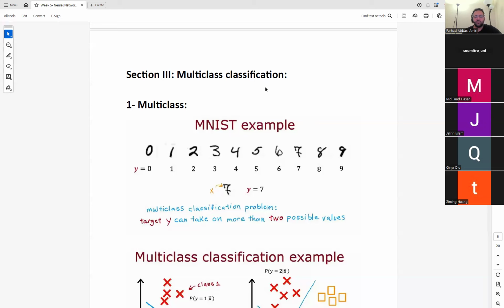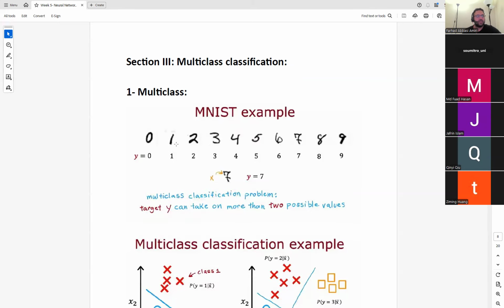For example, the tumor is cancerous or non-cancerous, the image is cat or not cat, or the number is 0 or 1. Just two categories, so we call it binary classification. But multi-class classification, as you can see, has more than two classes.